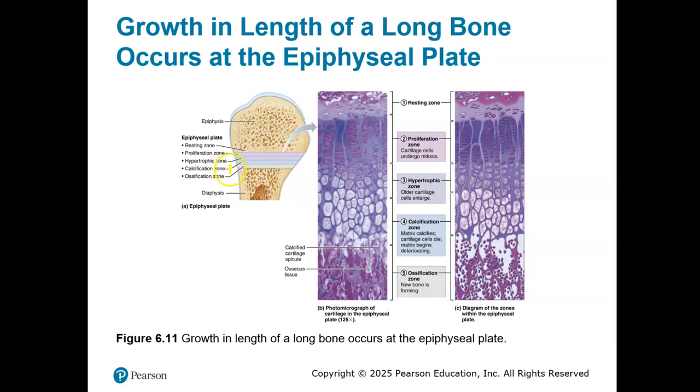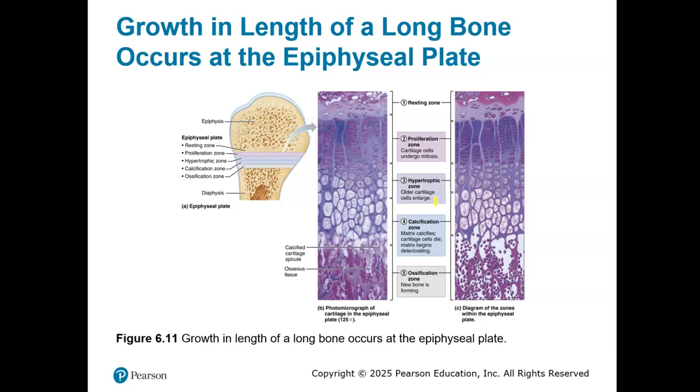At the area that is labeled hypertrophic zone, that is the area where the cartilage cells, the chondrocytes within the epiphyseal plate, which remember is composed of hyaline cartilage, enlarge.